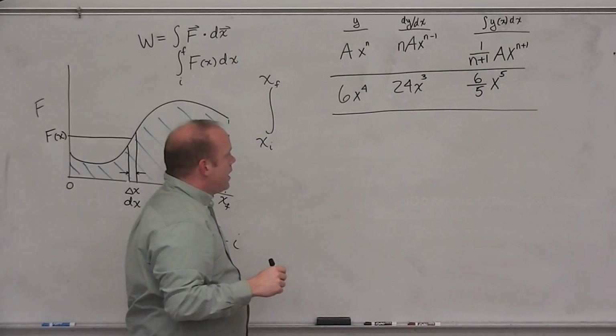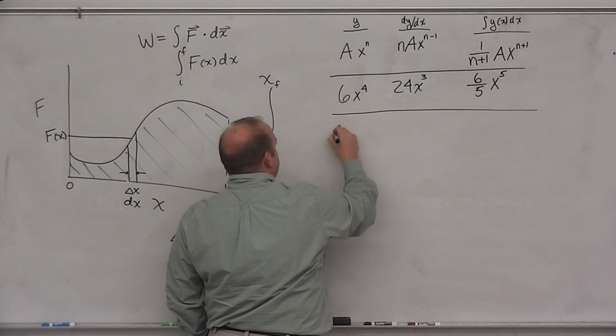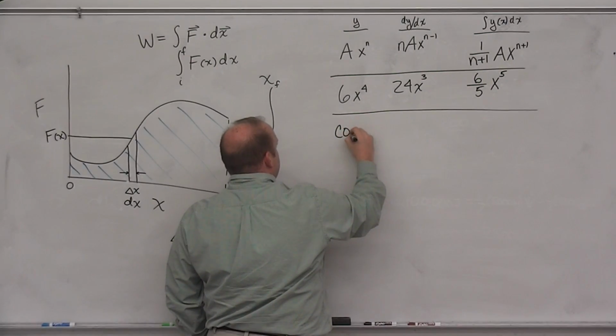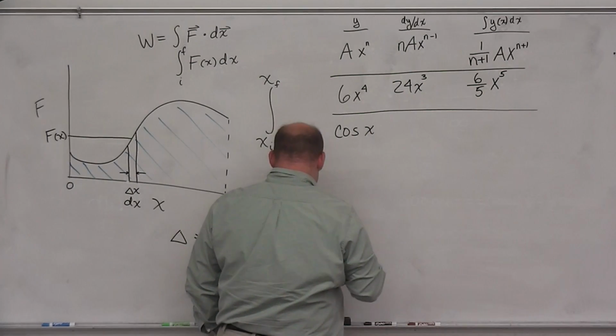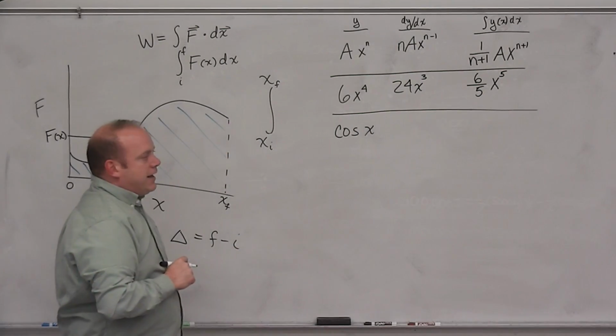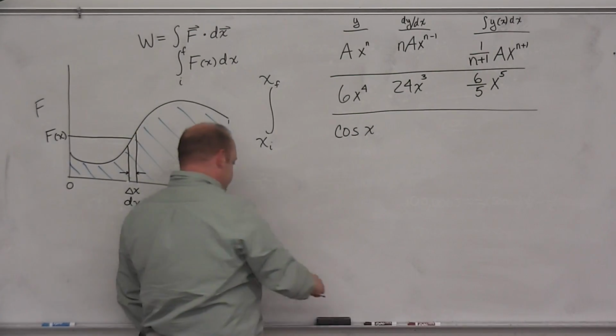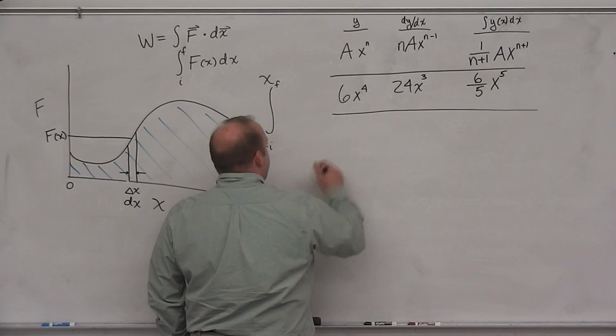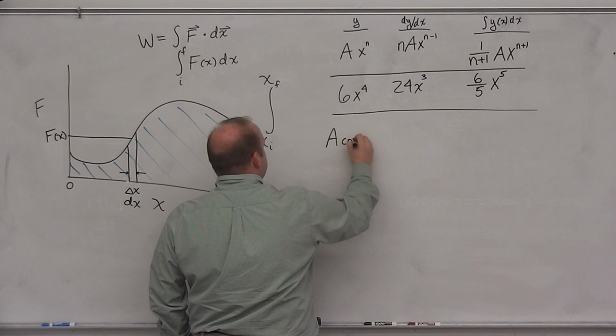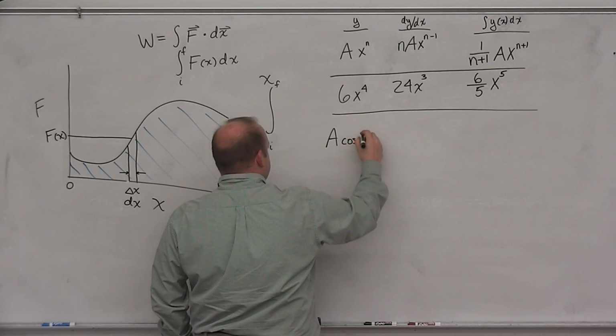Cosine of x. If I take the derivative of cosine of x, let me do it this way. A cosine of bx.